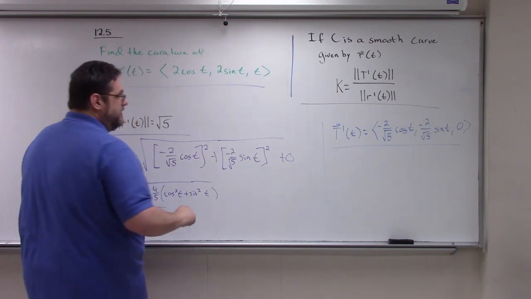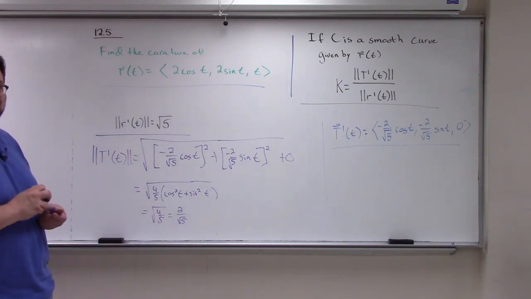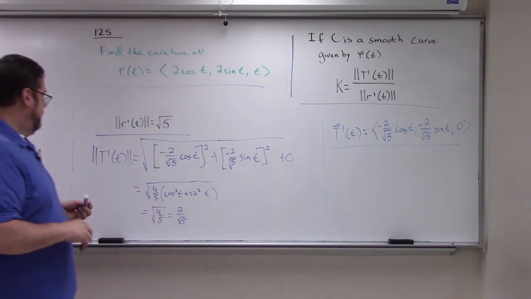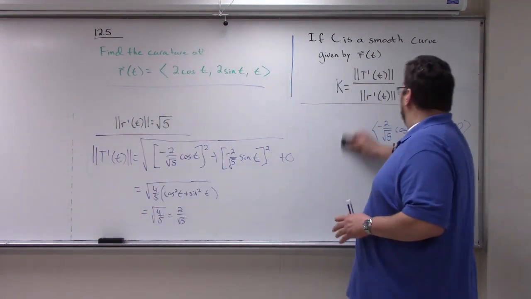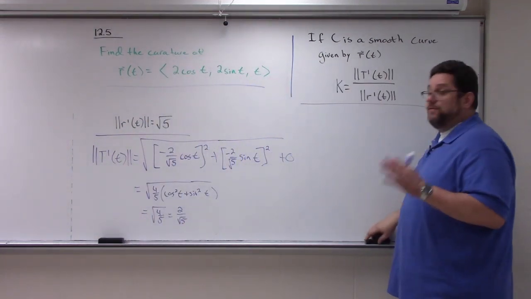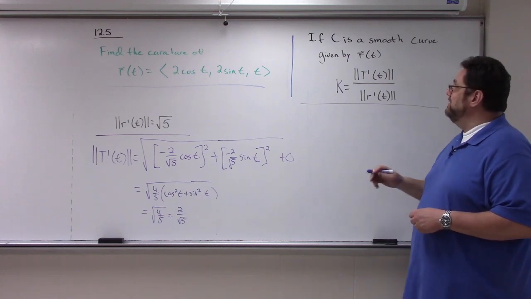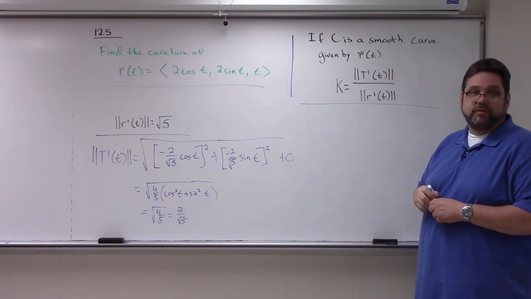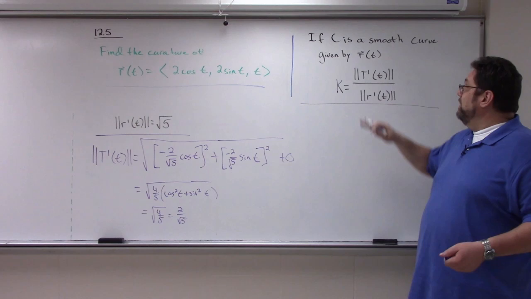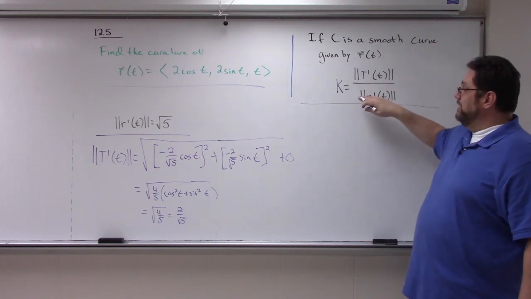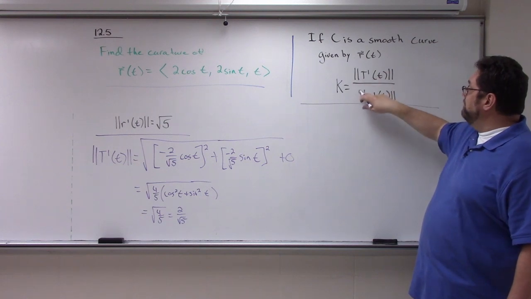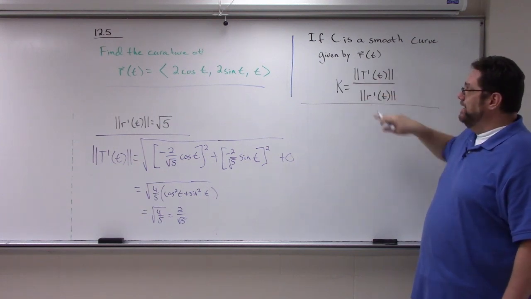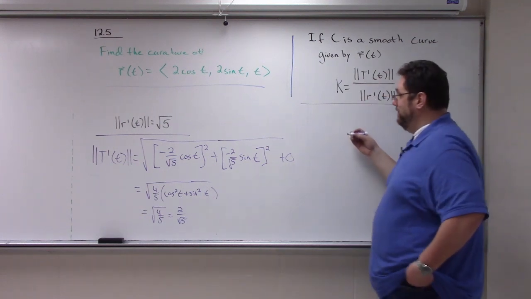And at this point, you might be saying, but Jamie, that's different than what we got a while ago, which would be really odd because you shouldn't be calling me by my first name. But if you had said that, you would be right, and the reason is because we're not quite through. Remember, when we don't have the arc length parameter, it's not just the magnitude of T prime, it's the magnitude of T prime divided by the magnitude of r prime.